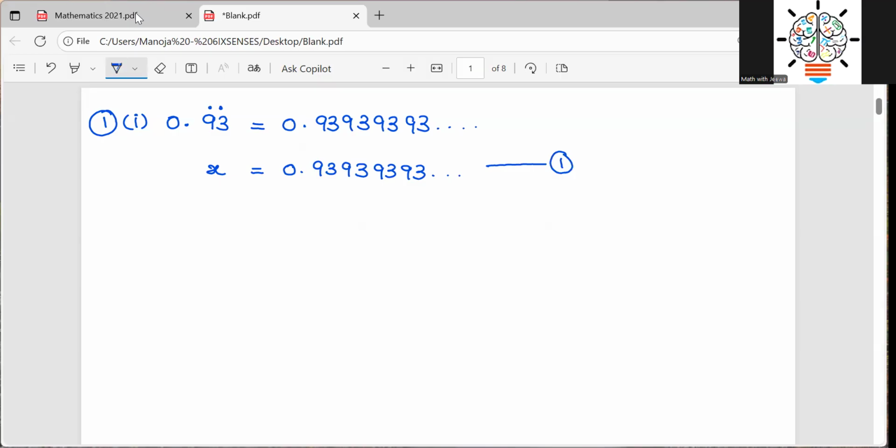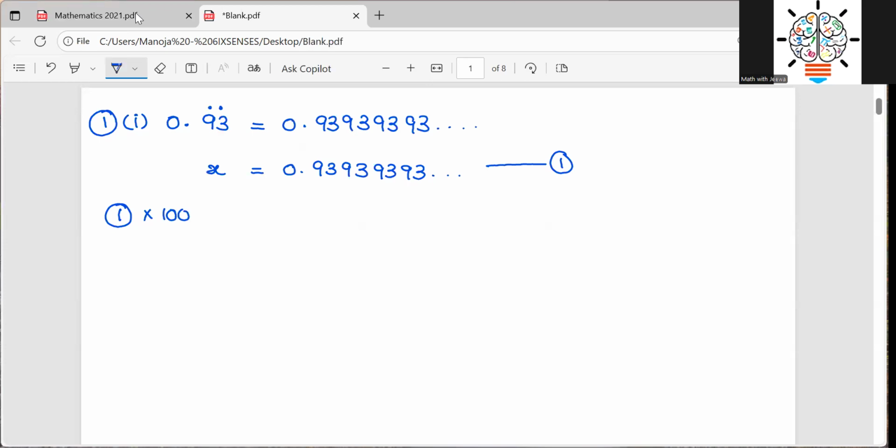Here you have 2 digits in the recurring cluster. You can see 2 dots here. So you multiply equation 1 by 100.